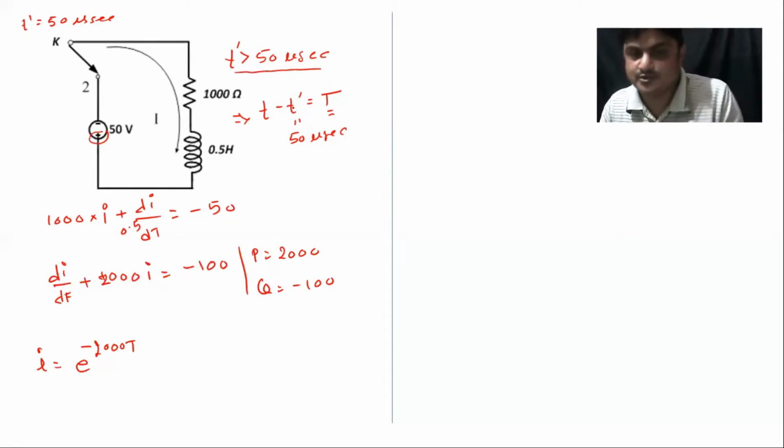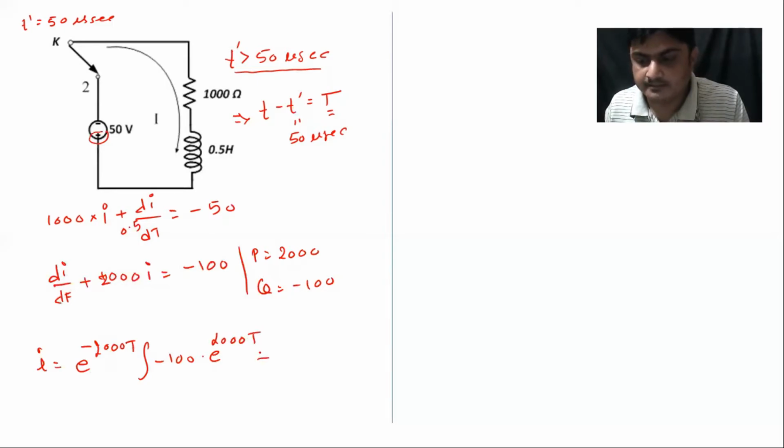Previously this t dash, or your switching instant, was 0, and that is why you had a slightly less complex equation. Anyway, this is e raised to minus 2000 T times the integration of minus 100 e raised to 2000 T, plus k e raised to minus 2000 T. So let me further simplify this.